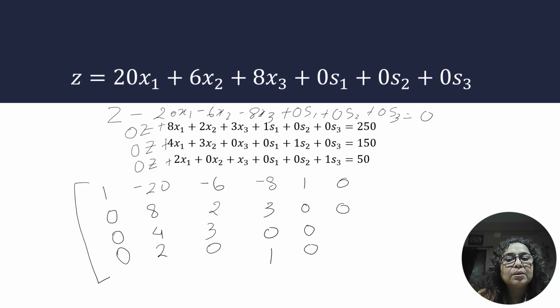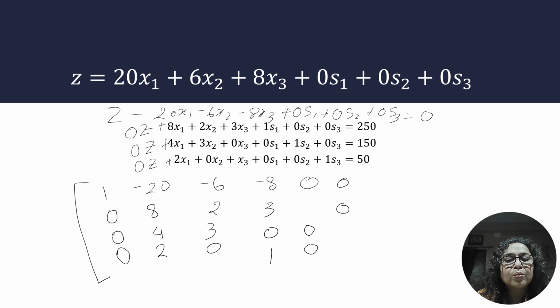Here this coefficient is 0, so this will be 0. For S1, this will be 0, 1, 0, 0.